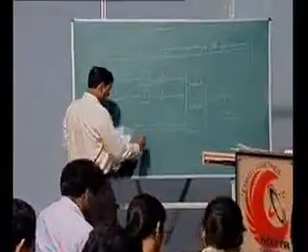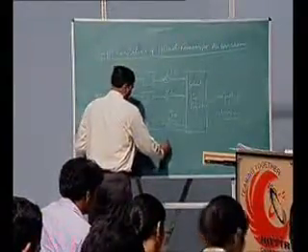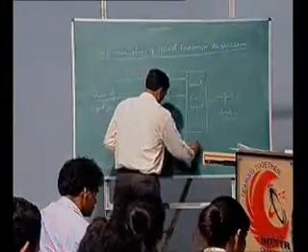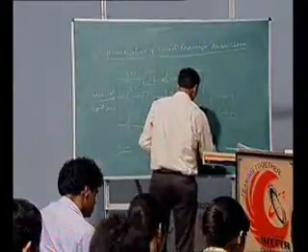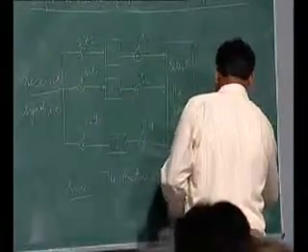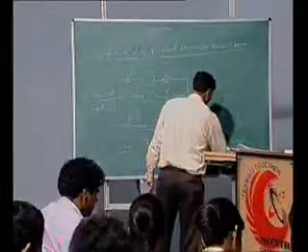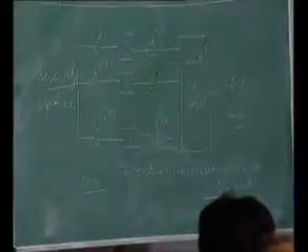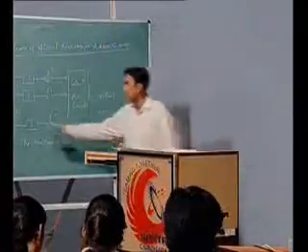And this structure is a correlation receiver with M correlators. You will see in this case the number of correlators required is M.